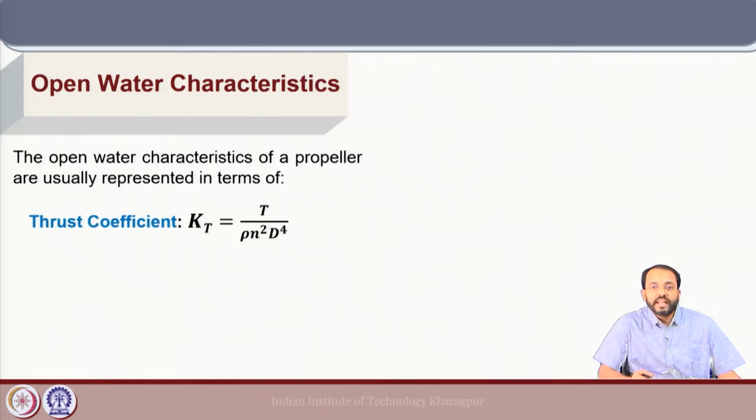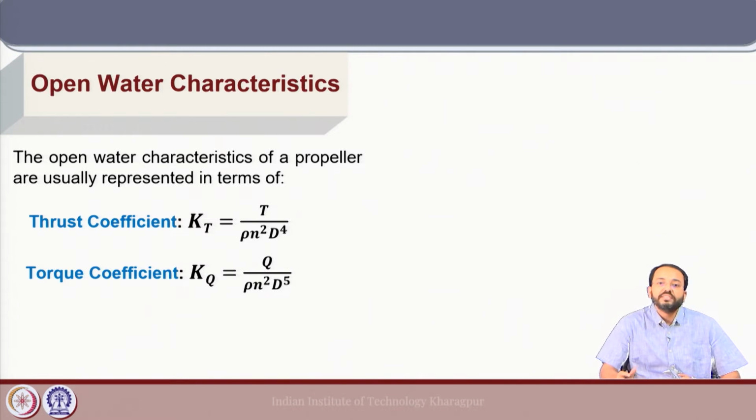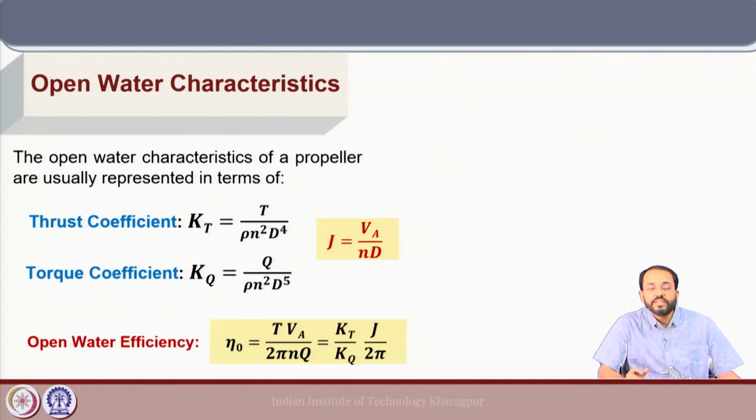So, a brief recap of what was discussed in the last class. The open water characteristics of a propeller are the thrust coefficient and torque coefficient expressed as a function of J, where J is the advance coefficient of the propeller.